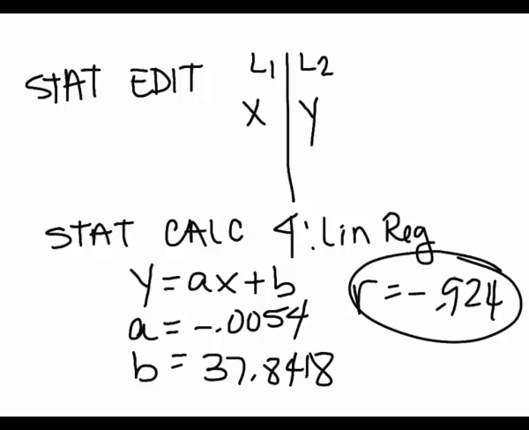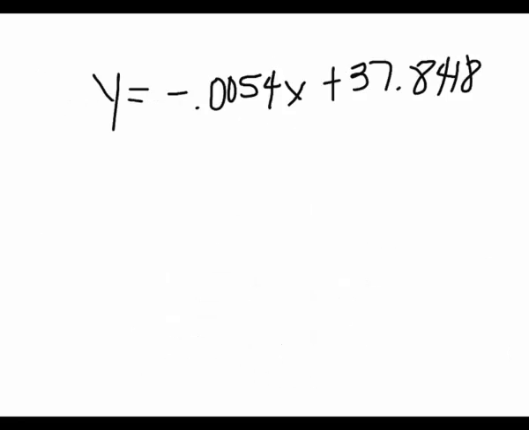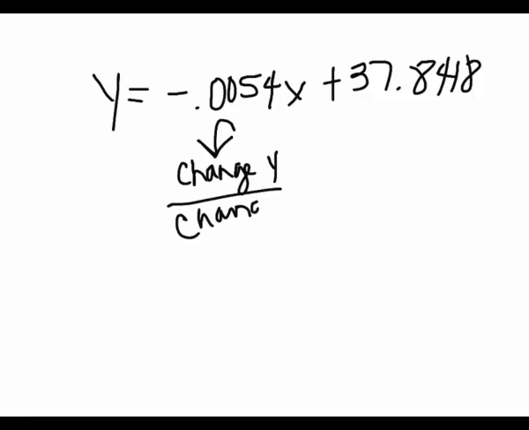Now, let's look a little bit closer at our regression line. Now, your slope is always going to be your change in y over your change in x. And if you go back and look at the very beginning of our table, our change in y was miles per gallon, and our change in x was pounds, right?